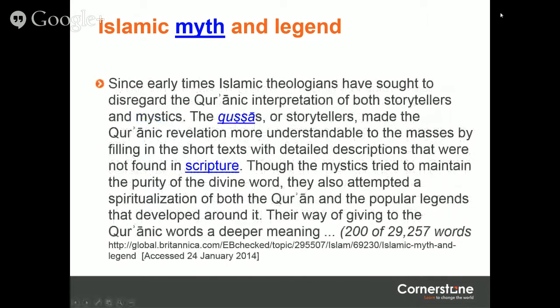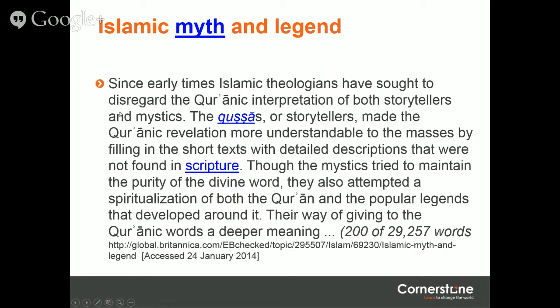The qusas, or the storytellers, made the Quranic revelation much more understandable to the masses by filling in the short texts with detailed descriptions that were not found in scripture. Though the mystics tried to maintain the purity of the divine word, they also attempted a spiritualization of both the Quran and the popular legends. That was the way of giving the Quranic words a deeper meaning.